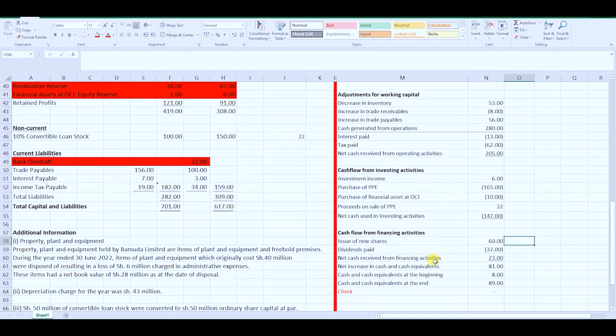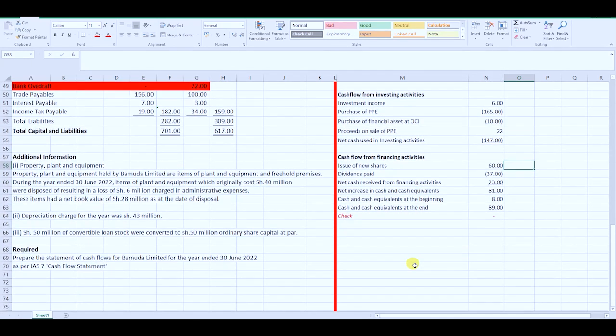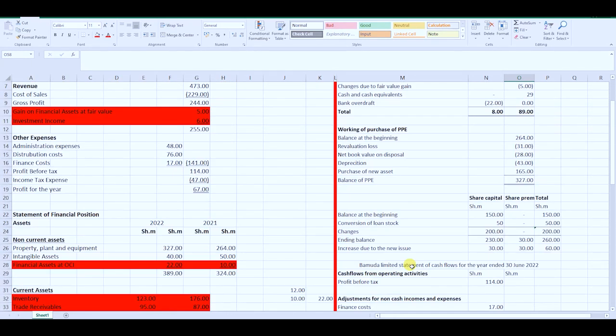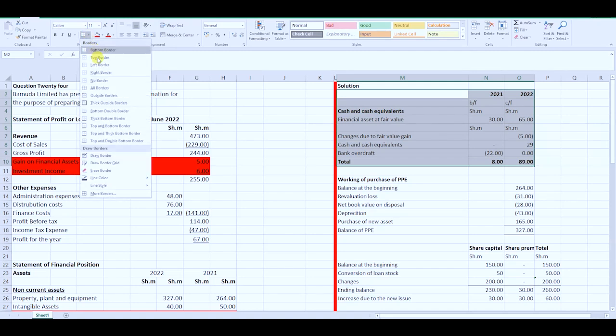So this is how we prepare the cash flow statement based on IAS 7. And please make sure to always have these summaries indicated like so. You can decide to even make it for presentation purposes.